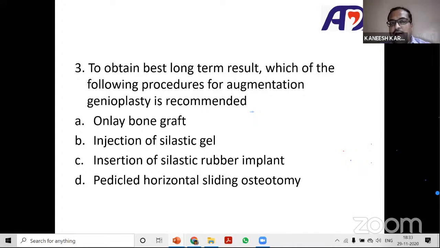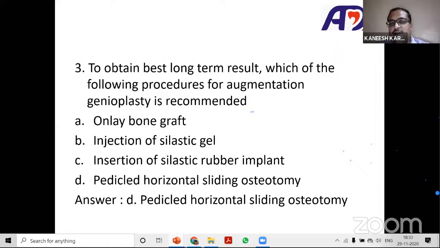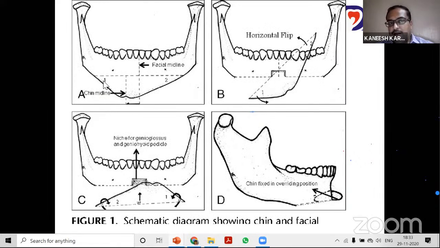To obtain best long-term results, which of the following procedures for augmentation genioplasty is recommended? Yeah, pedicled horizontal sliding osteotomy. Okay, what is pedicled horizontal sliding osteotomy? You see here, this is the right side and this is the left side.